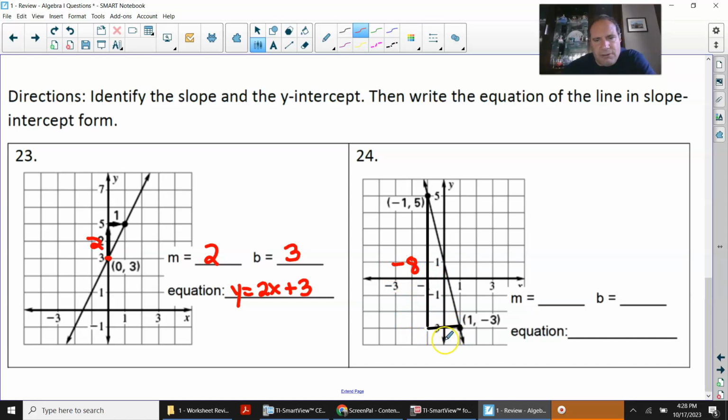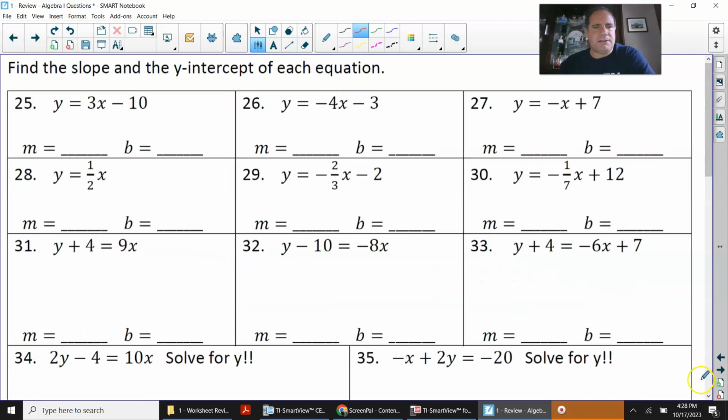And then 1, 2, that's a 2. -8/2 is the rise over run, equals -4. The b is this. That's the y-intercept. It's 1. So the equation is y equals -4x plus 1. Y equals mx plus b. And those two are finished.